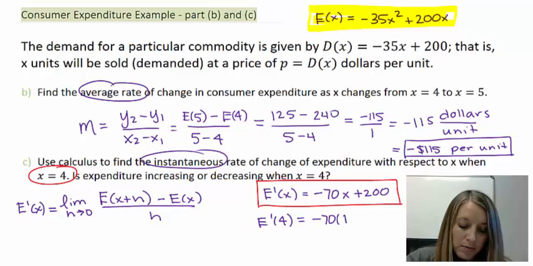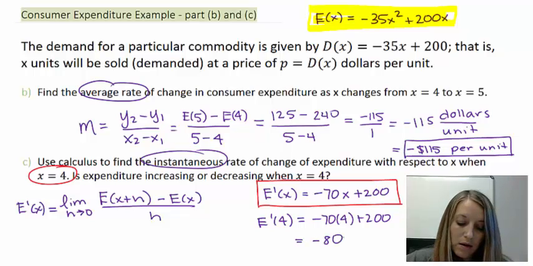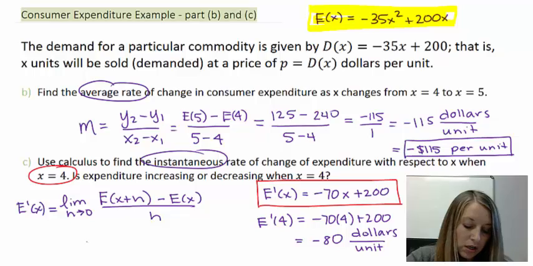So negative 70 times 4 plus 200. We come up with the answer to be negative 80. Remember, this is a rate, so our rate is dollars per unit. Our final answer here then is negative $80 per unit.